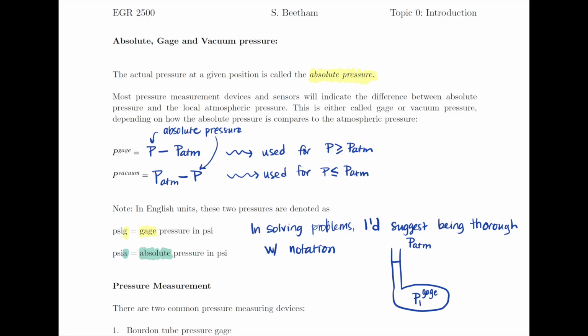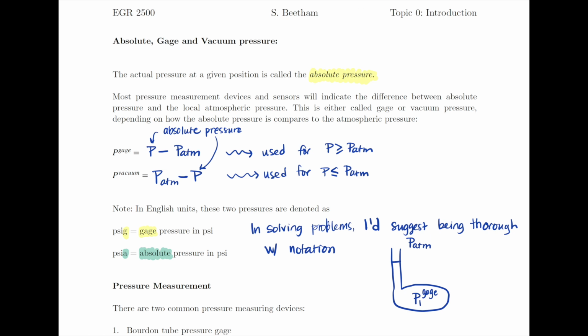So if we are using sensors or gauges in the lab to measure pressure, we're typically measuring gauge pressure, hence the name. Sometimes it's called vacuum pressure, depending on how the absolute pressure is compared to atmospheric pressure. So we're always making some kind of comparison to the surrounding pressures when we're using instruments in the lab.